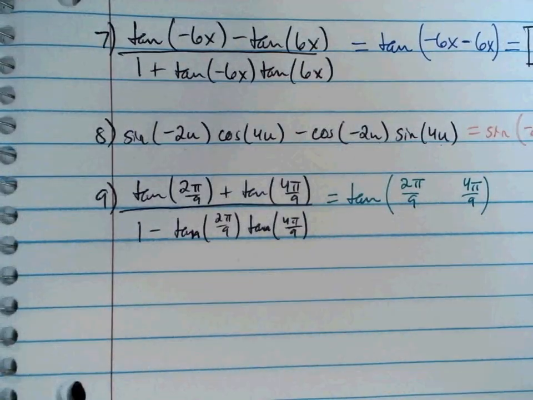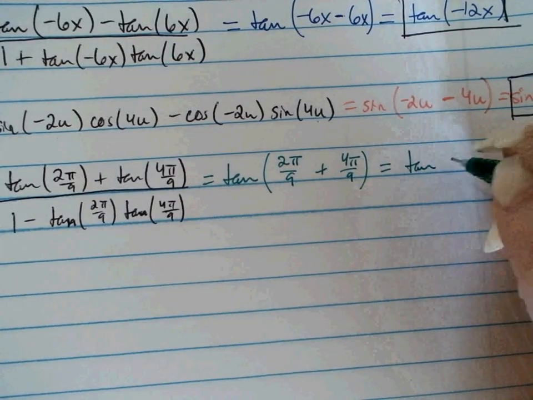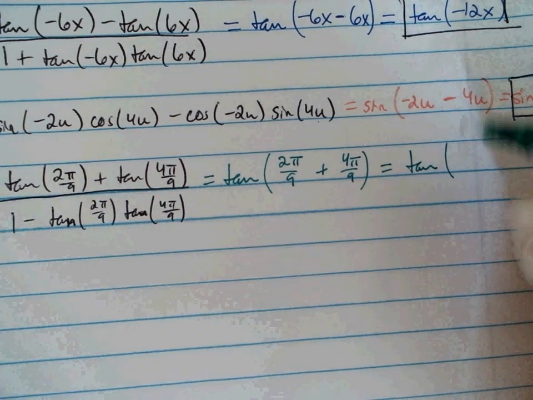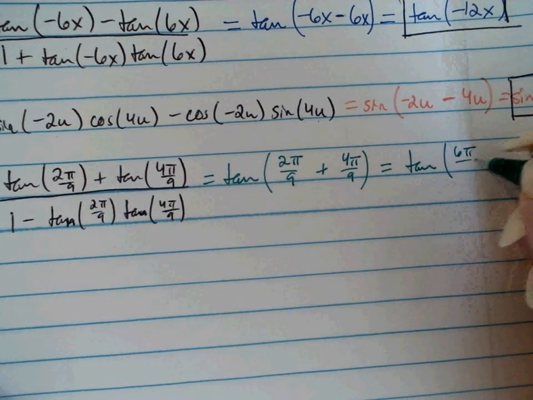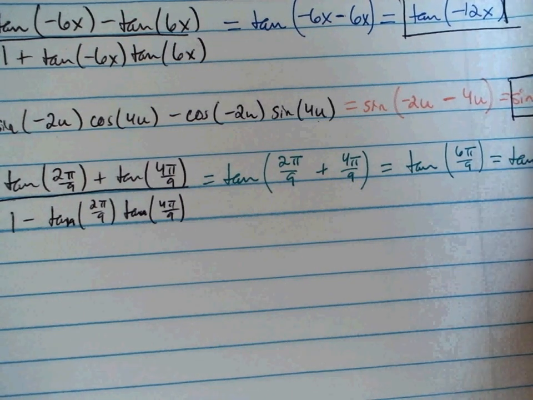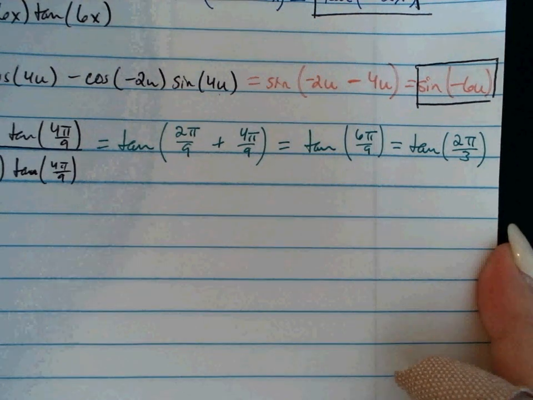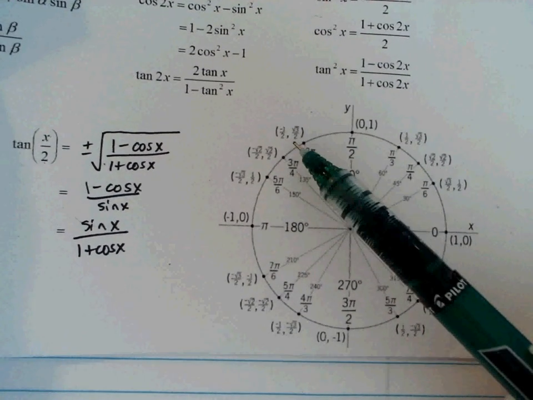In the formula, I've got a plus in the numerator, so if you have a plus here, that means you have a plus there, which means plus. Which means I'm really just asking you to find tangent of, they have a common denominator, so 2 plus 4 is 6 pi over 9. But 6 pi over 9 is the same thing as 2/3. So the tangent of 2/3 pi is what we're actually trying to find.